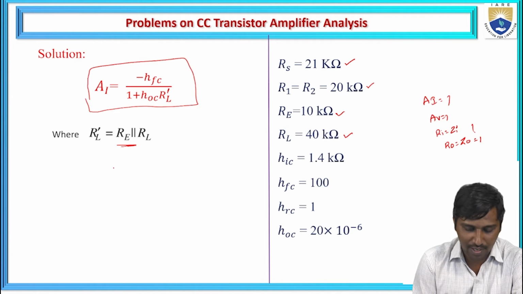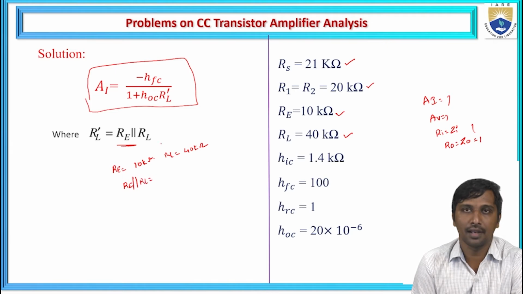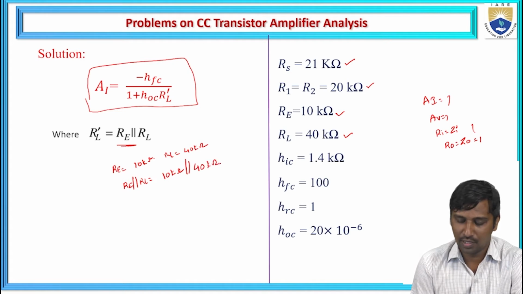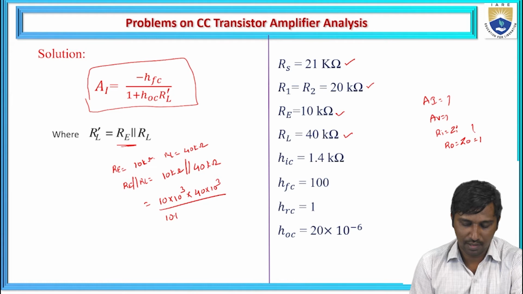Here the RE value is 10 kilo ohms and the RL value is 40 kilo ohms. So 10 kilo ohms in parallel with 40 kilo ohms gives 10 times 10 to the power 3 times 40 times 10 to the power 3, divided by 10 times 10 to the power 3 plus 40 times 10 to the power 3.